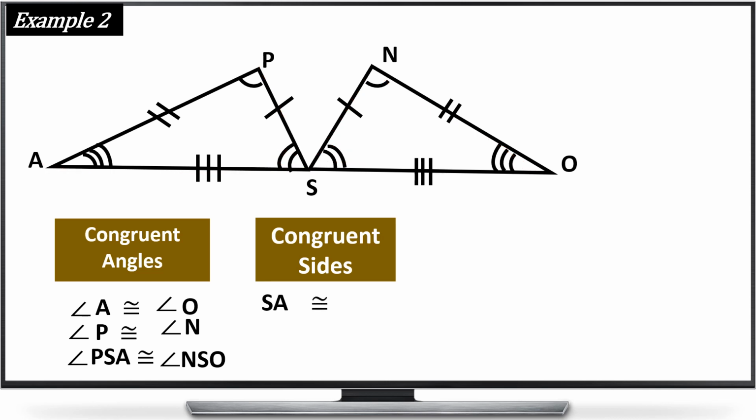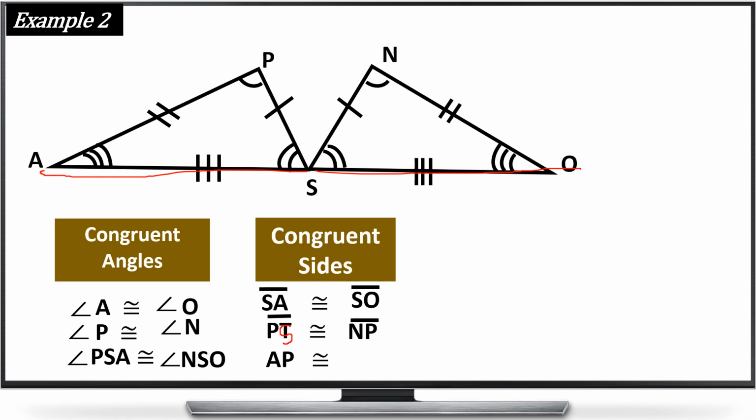Okay, let's find out. SA is congruent to line segment SO. So, ito po yun. SA at saka SO. Then, we have line segment PS is congruent to line segment NS.